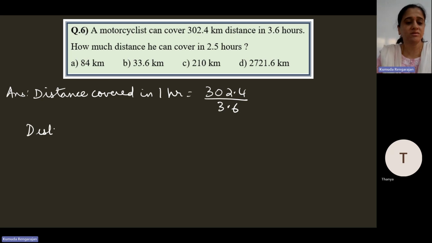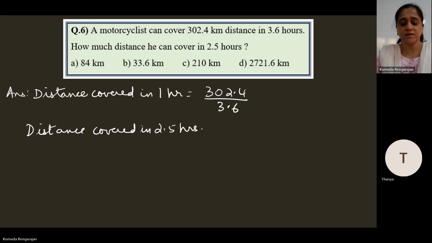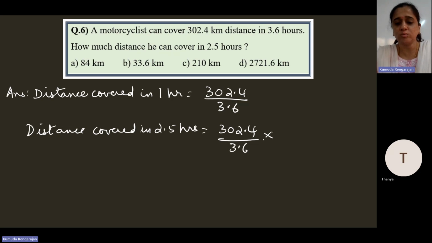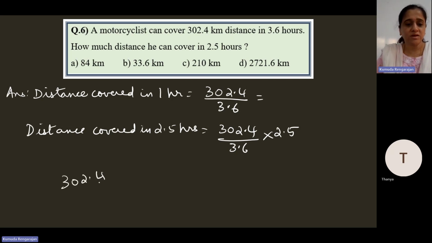So distance covered in 2.5 hours is equal to 302.4 by 3.6 into 2.5. You can simplify this also. I just want you to understand that when you divide this by this, you get the distance covered in 1 hour. So that distance covered in 1 hour into 2.5 hours will give you the distance covered in 2.5 hours.